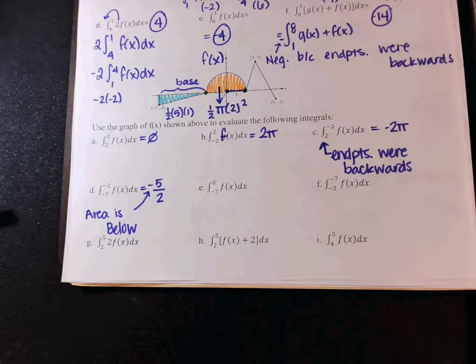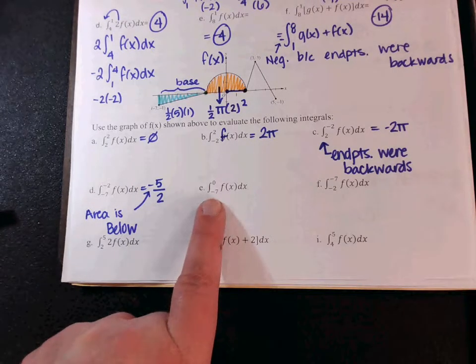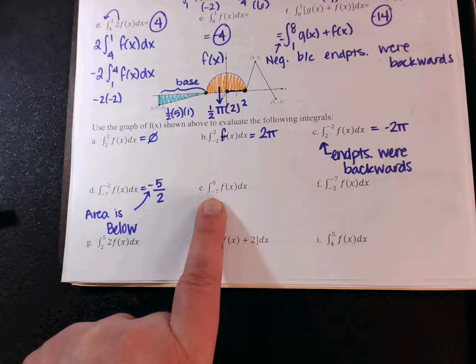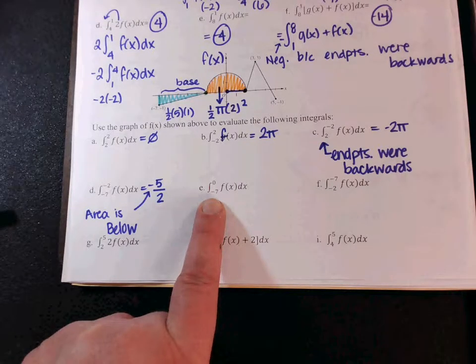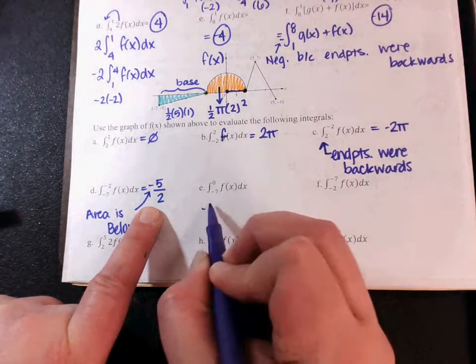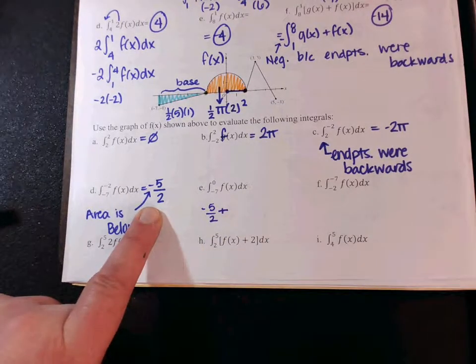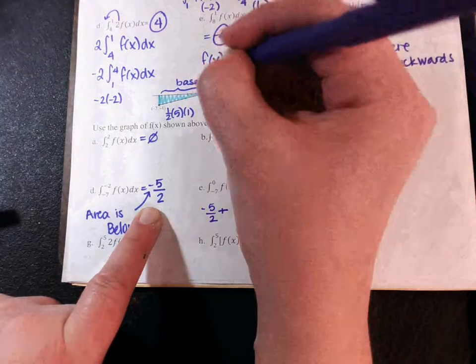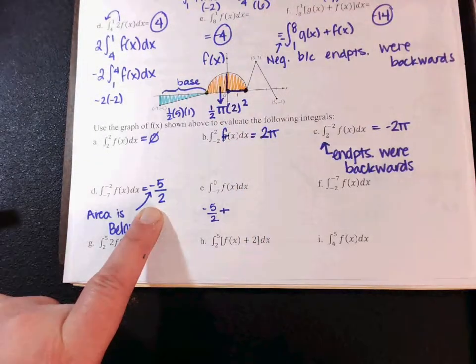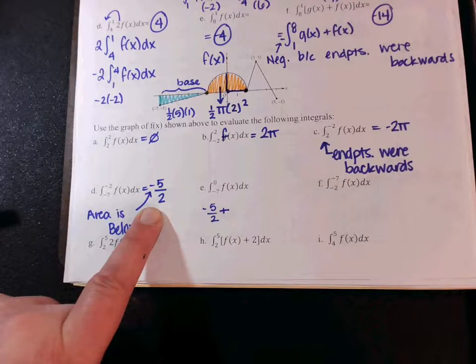From -7 to 0, that's forward. From -7 to -2, how much area would I have gotten? -5/2. But then from -2 to 0, if I keep going, how much of the circle do I want? The entire 2 pi?